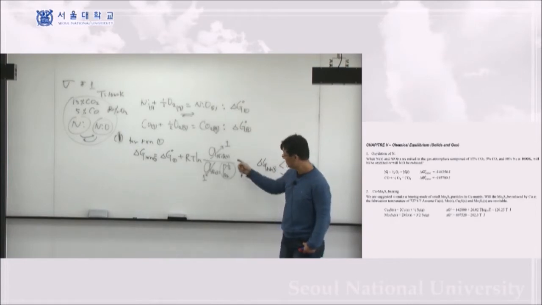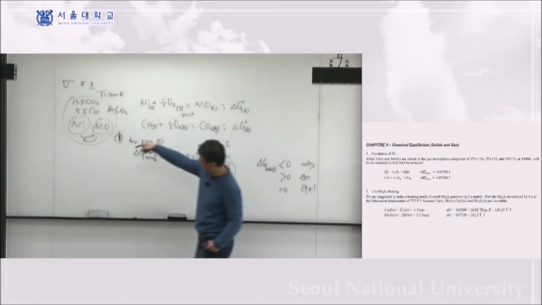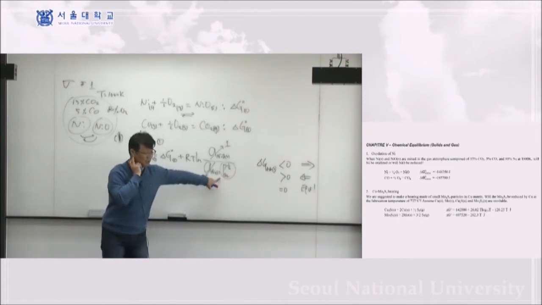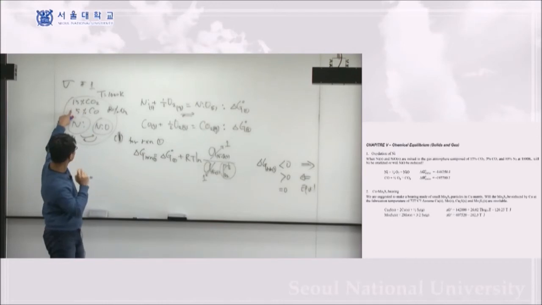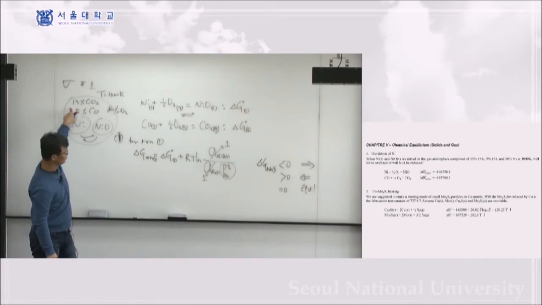So I need the partial pressure of oxygen. And the partial pressure of oxygen, as I mentioned, is not given directly in the question, in my system. It is determined by the gas phase, by the chemical reaction between the two gases, CO and CO2.